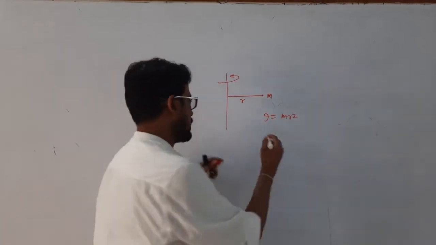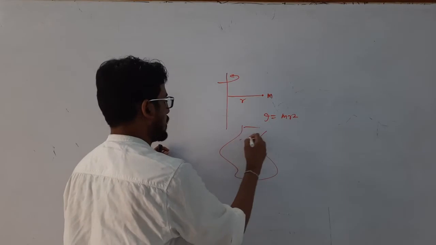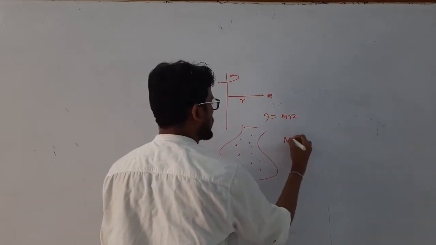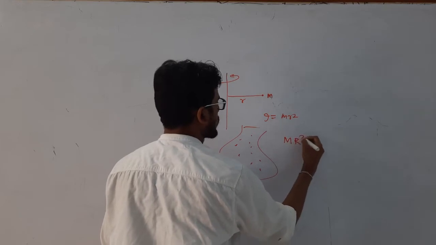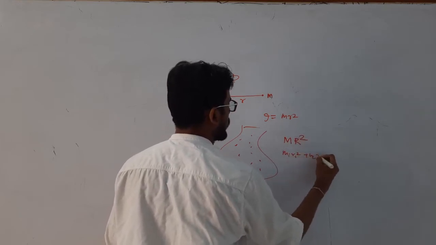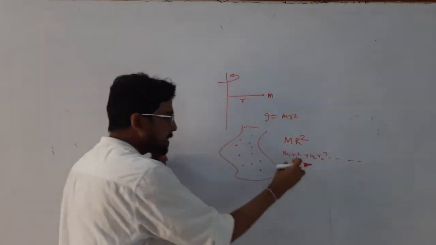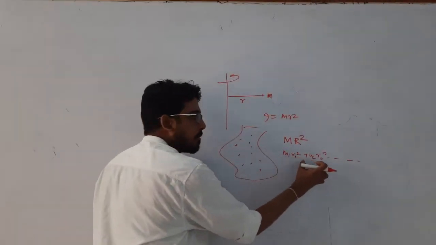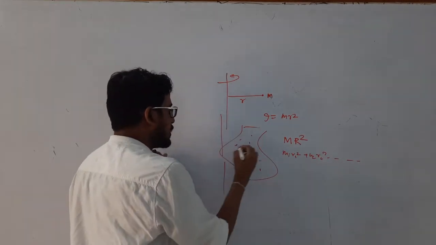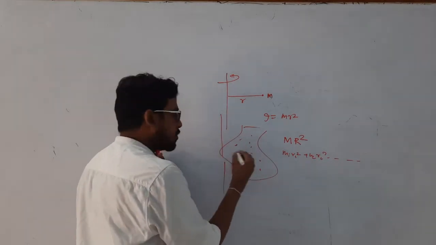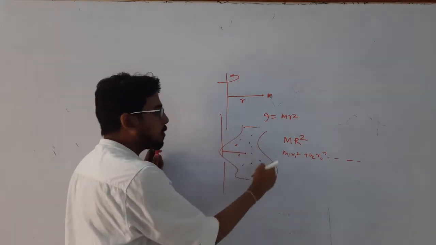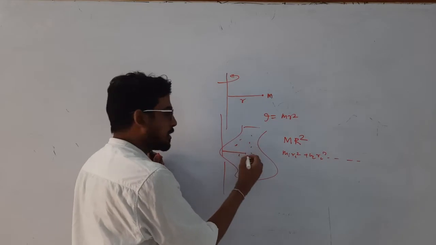And what is radius of gyration? If a rigid body has a large number of particles, the moment of inertia of the complete body is given as the sum of mr square, that is m1 r1 square plus m2 r2 square and so on. Instead of calculating the moment of inertia of each individual particle, we calculate it for the body by multiplying the total mass by the square of a distance, from a point where the total mass of the body is supposed to be concentrated.